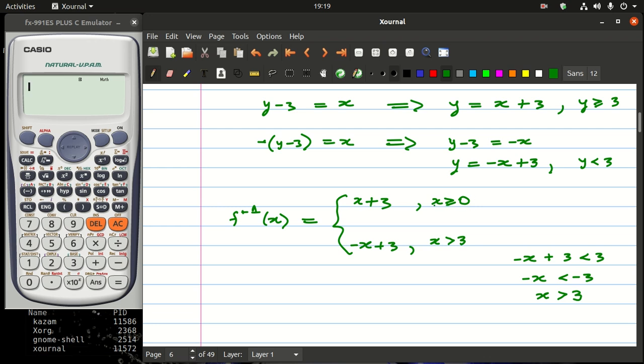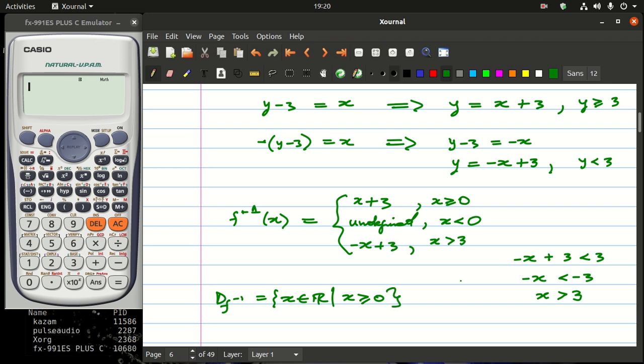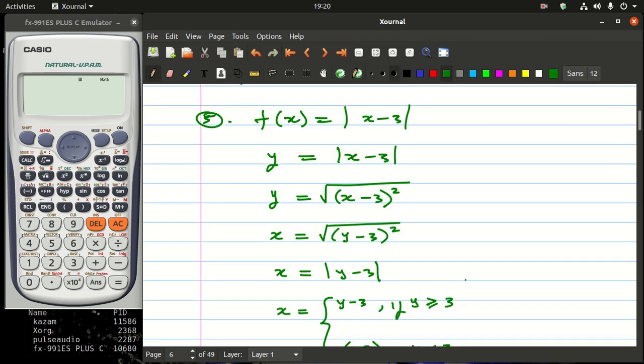If I have x less than 0, then we have nothing, which means this one is undefined. So the domain of the inverse is just saying x is an element of real numbers such that x is greater or equal to 0. That's what this thing is saying to us.